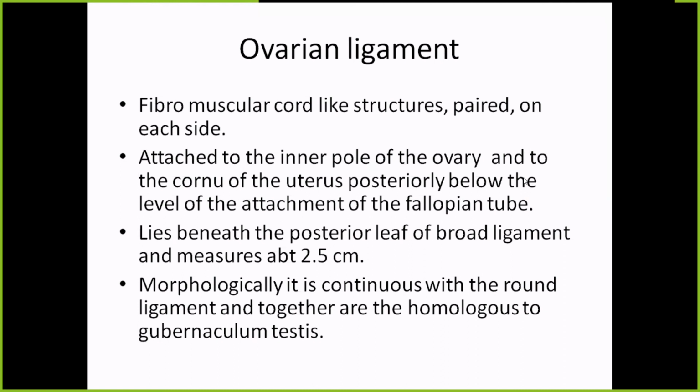So let's discuss one by one. One is McEnroth's ligament. Its origin is from the supravaginal part of the cervix. Insertion is the lateral pelvic wall. What is its surgical importance? At the point of the cervix it contains the uterine artery and the descending cervical artery.